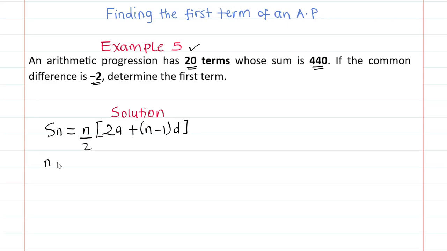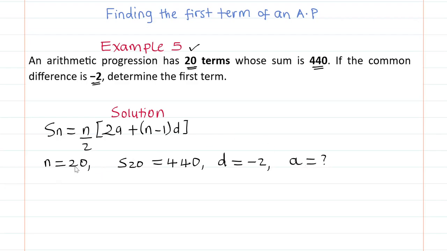So our number of terms is given as 20 and the sum of these terms is 440. So the sum of the 20 terms is 440 and then the common difference d is -2. Determine the first term a, that is what the question wants.